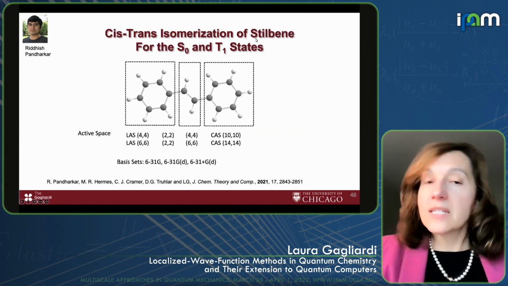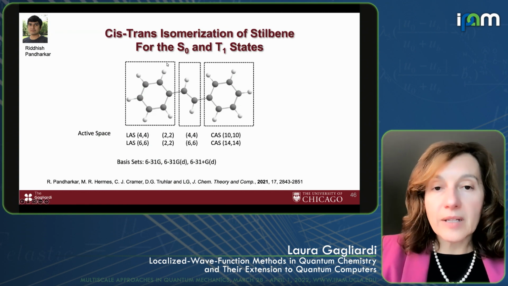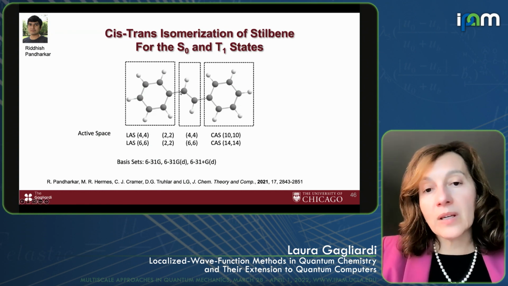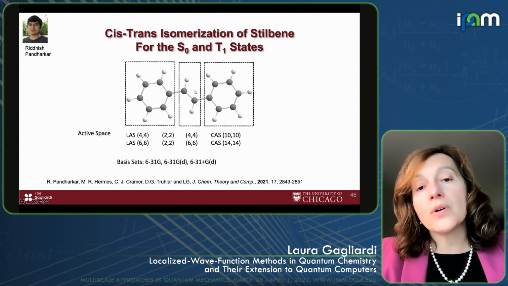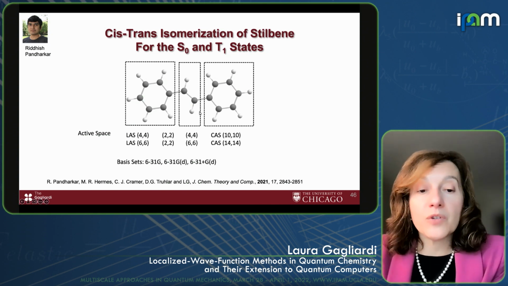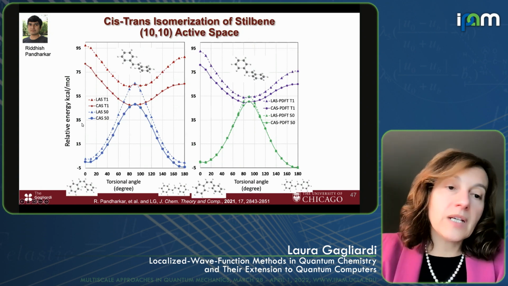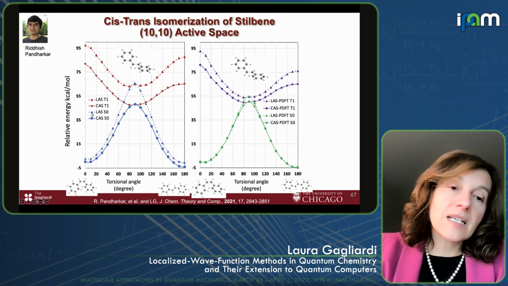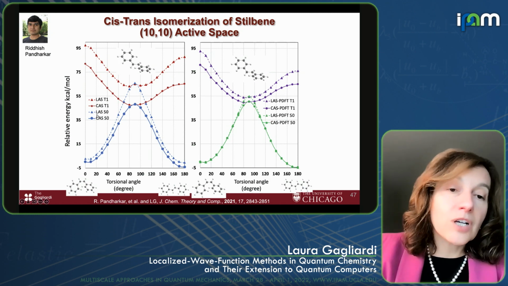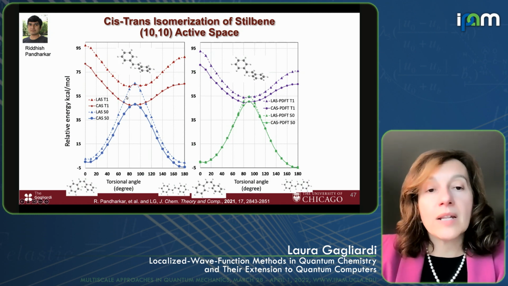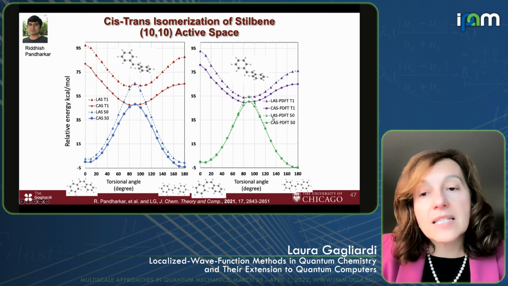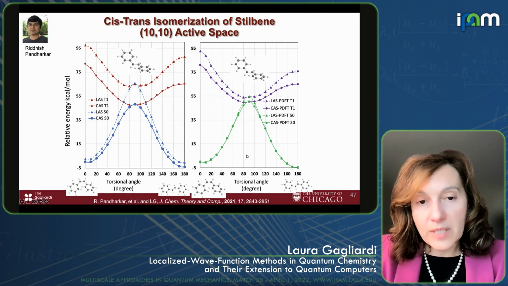We also looked at the cis-trans isomerization of stilbene, where instead between the two rings there is a carbon-carbon double bond. In this case, you see here we have the CAS and LASSCF curves for the S0 and T1 states, and here the CAS-PDFT and LASSCF-PDFT curves for the two states.